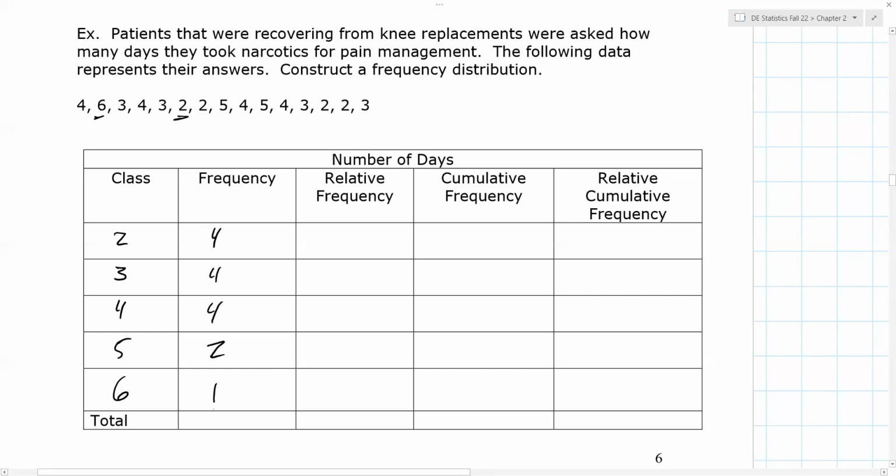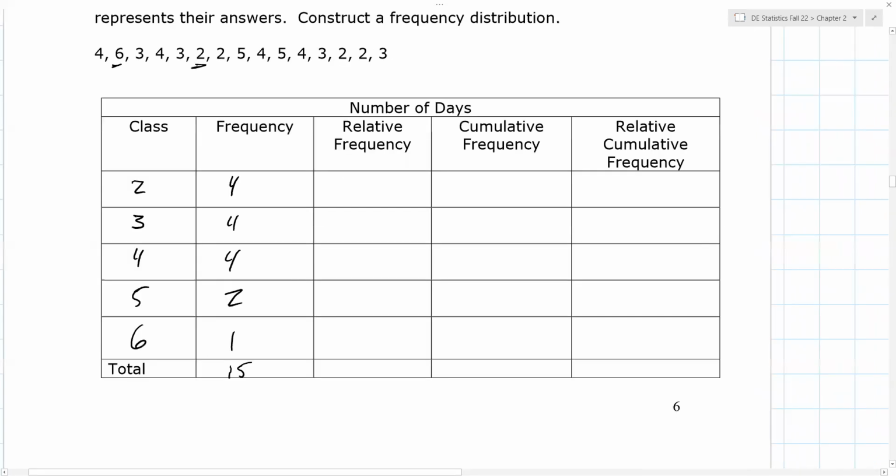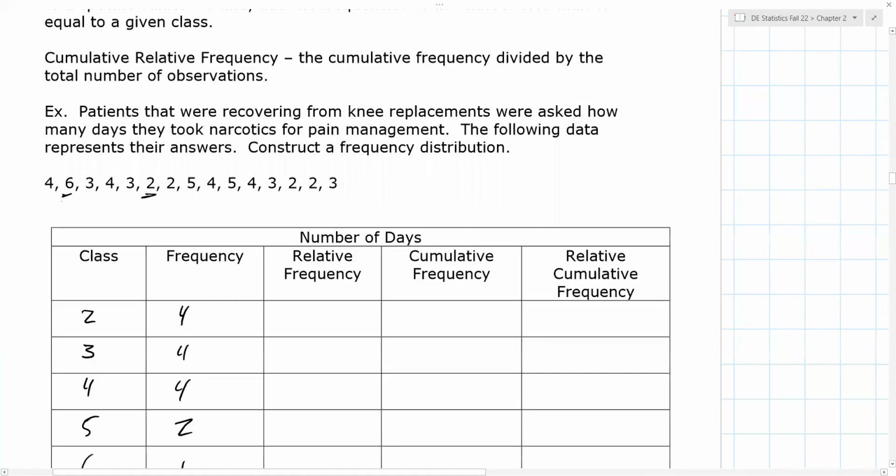Then we go through and we do the relative frequency. So relative frequency, then we count first. So 8, 12, 14, 15. So I got a total of 15. And then we go up and we count how many data points there were. And there were a total of 15, which is good.